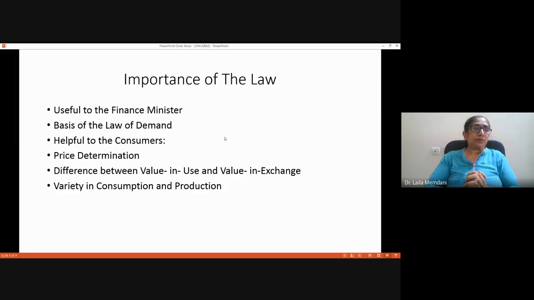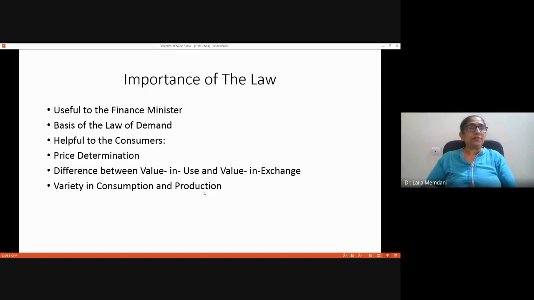It is the basis of the law of demand because the equilibrium is when price is equal to the marginal utility. So marginal utility goes on diminishing. It means that people buy more at lower prices and less at higher prices, and it is helpful to the consumers. It is useful in the price determination by the companies.